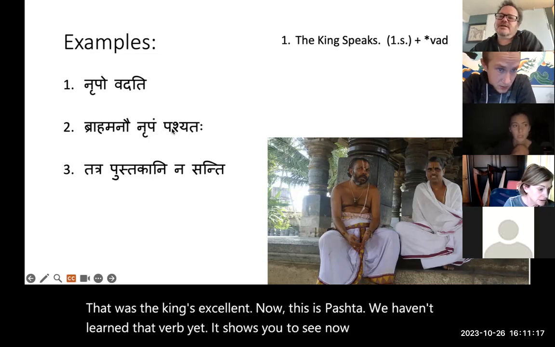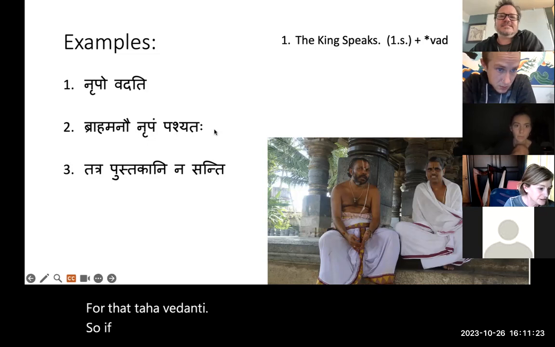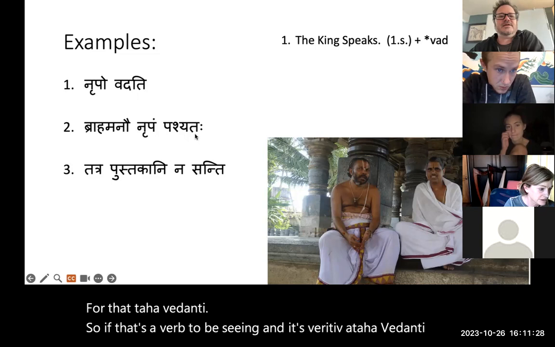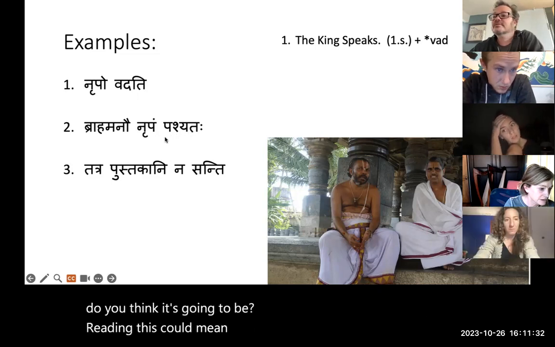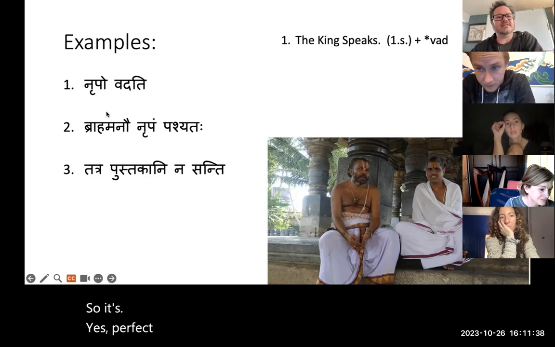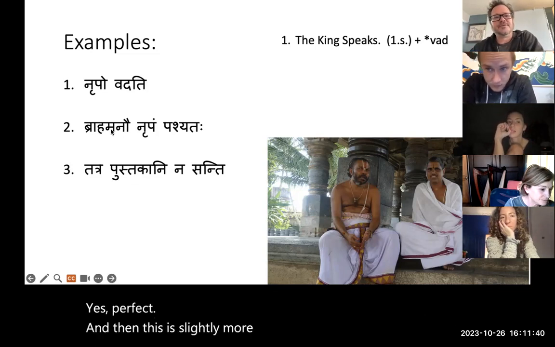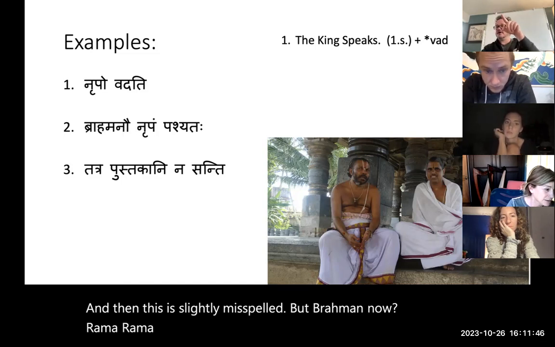Now, vadati, vadataha, vadanti. If that's the pattern for a verb of seeing, with pashyati, pashyataha, pashyanti, what do you think that's going to mean? So it's dual. Yes, perfect. And then this is slightly misspelled, but Brahmanau, like Rama, Ramau, Ramaha.